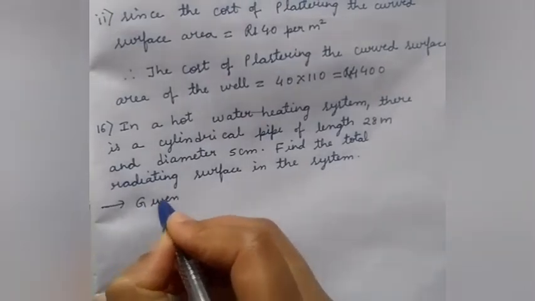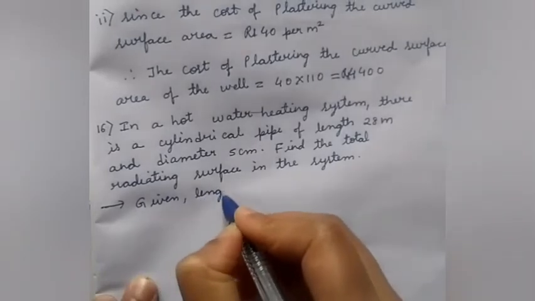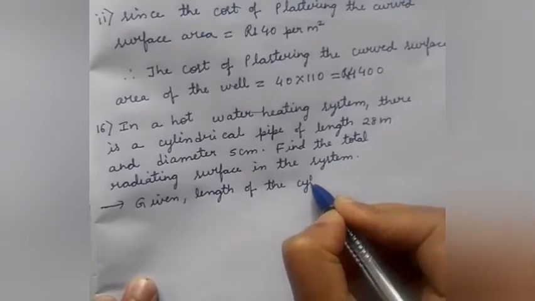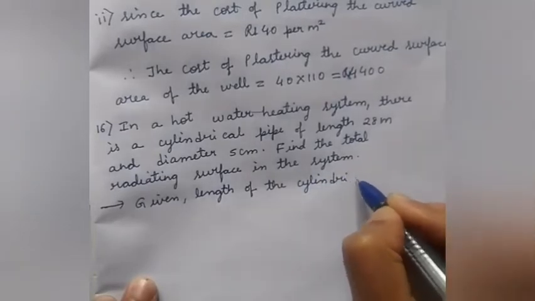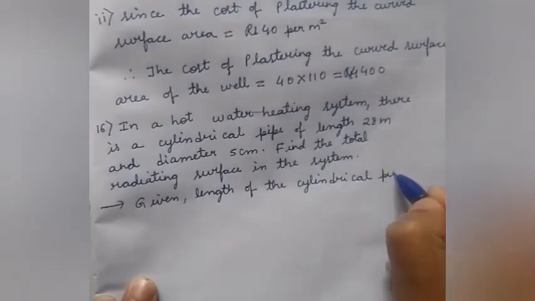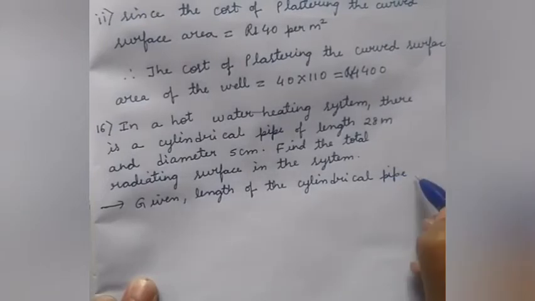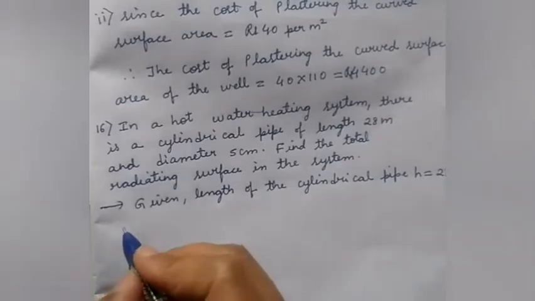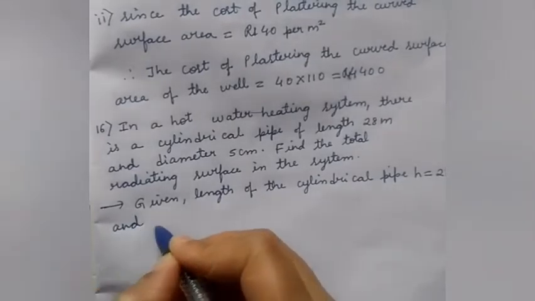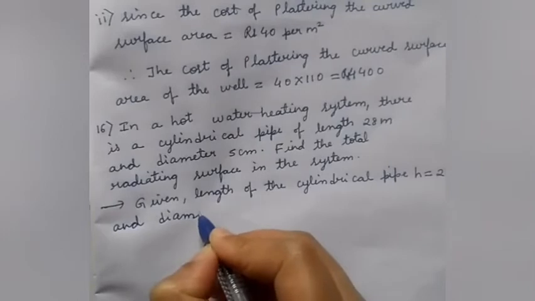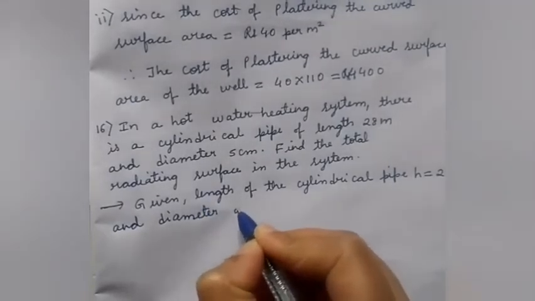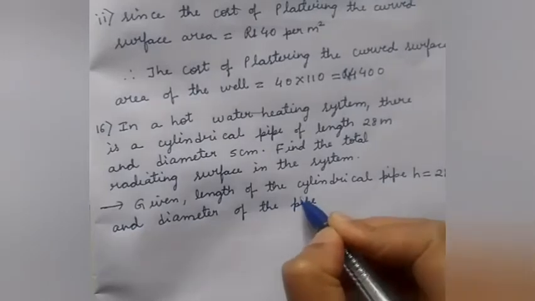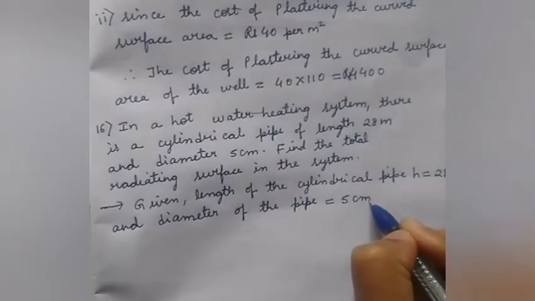Given length of the cylindrical pipe h is equal to 28 meter and diameter of the pipe is equal to 5 centimeter.